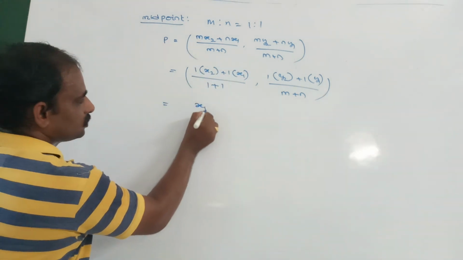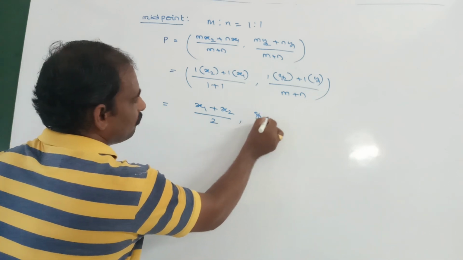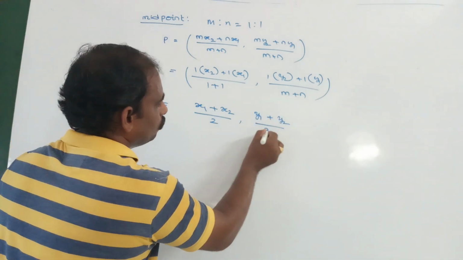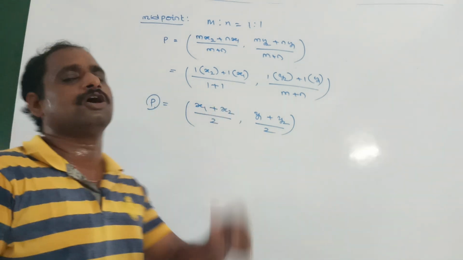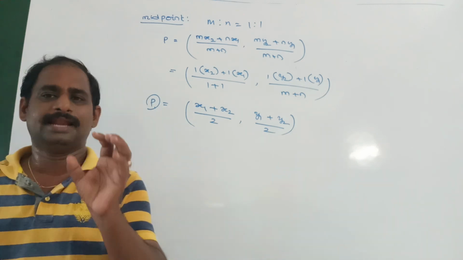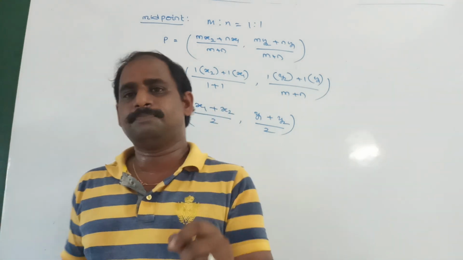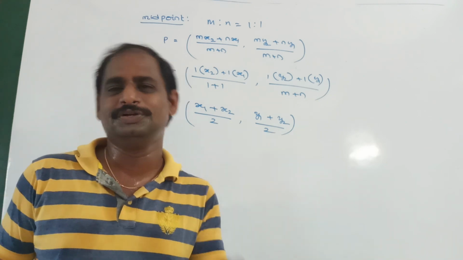That is (x1 plus x2) by 2, same (y1 plus y2) by 2. This is the formula for the midpoint of a line segment: (x1 plus x2) by 2 comma (y1 plus y2) by 2.